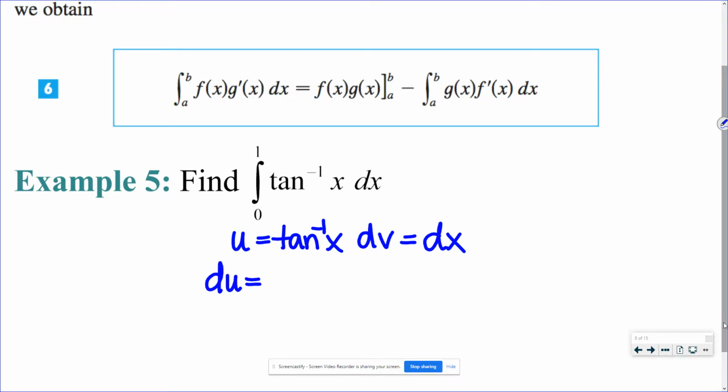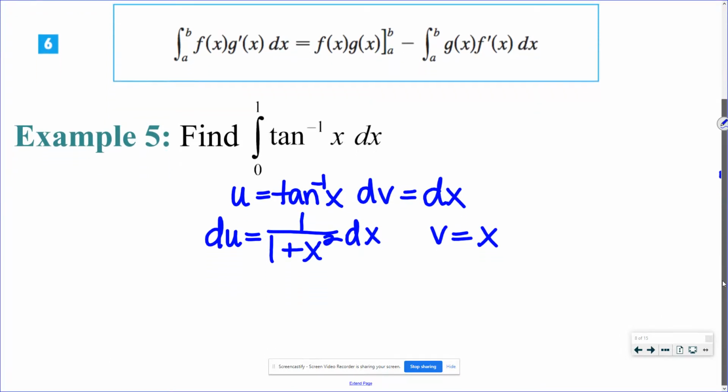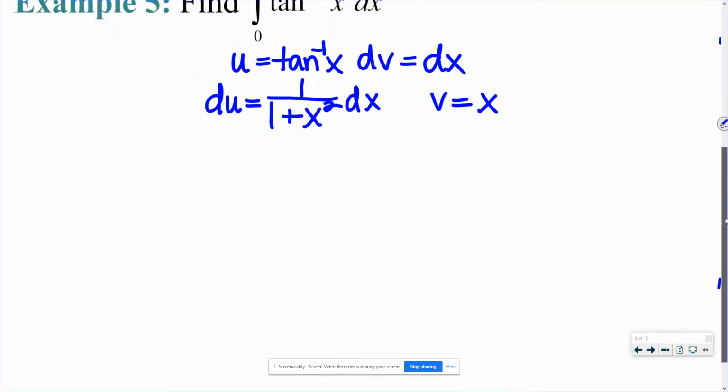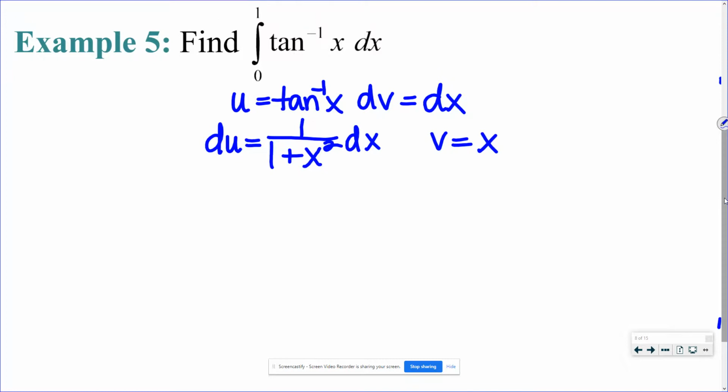And du, remember inverse tan, I think it's that 1 over 1 plus x squared equation. v would just be x. Antiderivative of dv is x. Okay. Let's plug this in and see what happens.